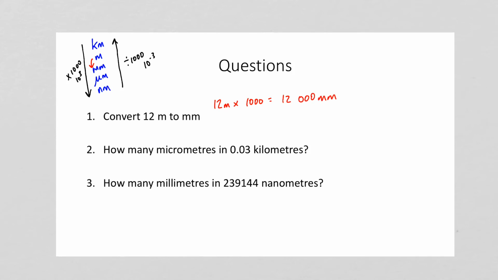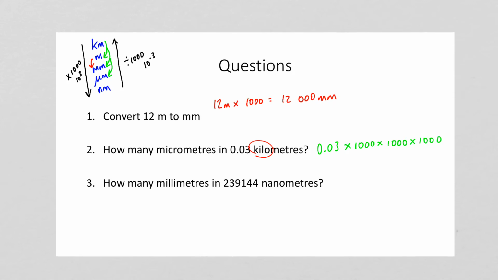How many micrometers are there in 0.03 kilometers? So again, we're going from a large unit, kilo, down to a smaller one, micro. This time we're going 1, 2, 3 steps actually. So we are going to have 0.03 times first step, second step, third step.